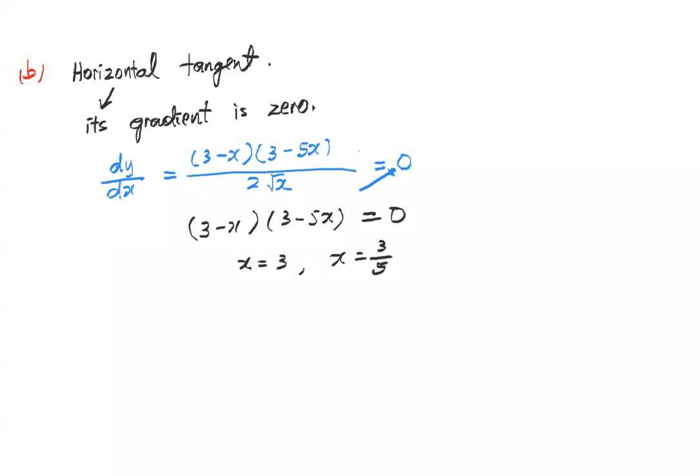For what value of x is dy dx undefined? That one you get from the function of dy dx. Dy dx is undefined where you look at the domain for dy dx.